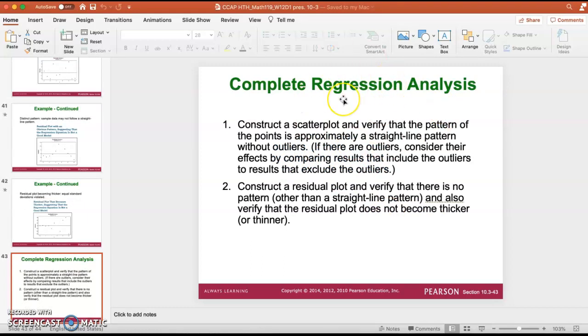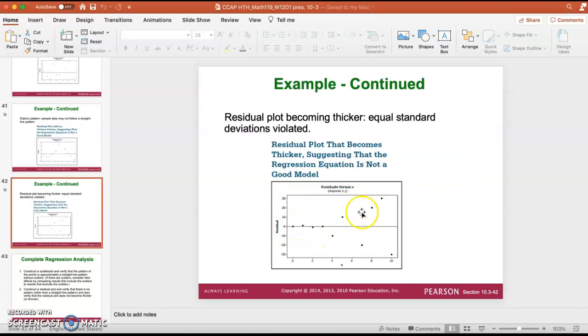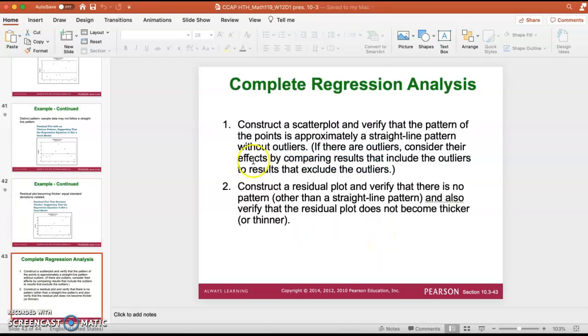Now, again, there are further things you can do with the regression analysis. We won't need to worry about much more than just seeing if the residuals stay pretty close to zero. I'll just read over these first 2 here. To go through the analysis steps, construct your scatter plot. Verify that the points follow an approximate straight line pattern with hopefully no outliers, then you can construct the residual plot.